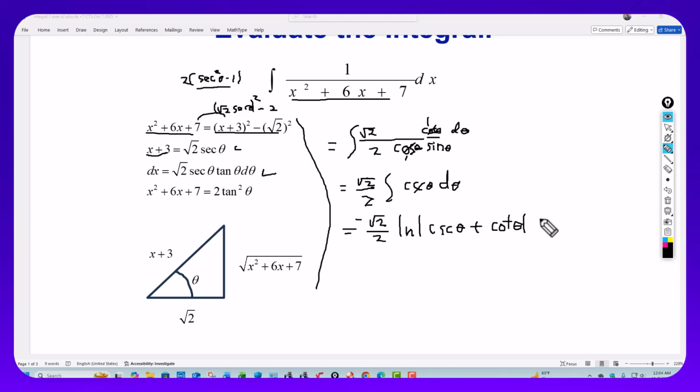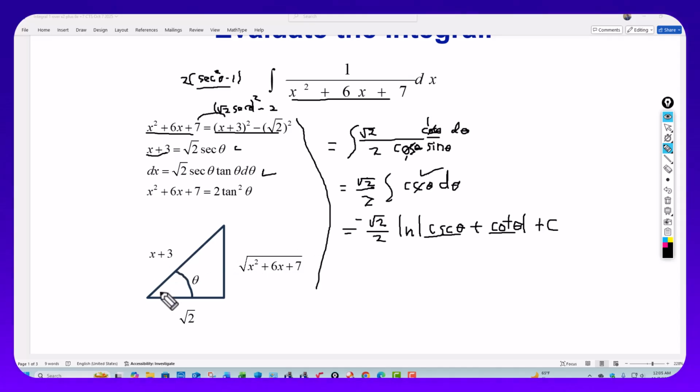I'm sorry, plus a constant of integration. I'm using a formula that you should have access to. So the final answer for the integration is minus the square root of 2 over 2, and then natural log of the absolute value of cosecant theta plus cotangent theta plus the constant of integration. And now all I have to do is replace the cosecant and the cotangent with an expression involving x.